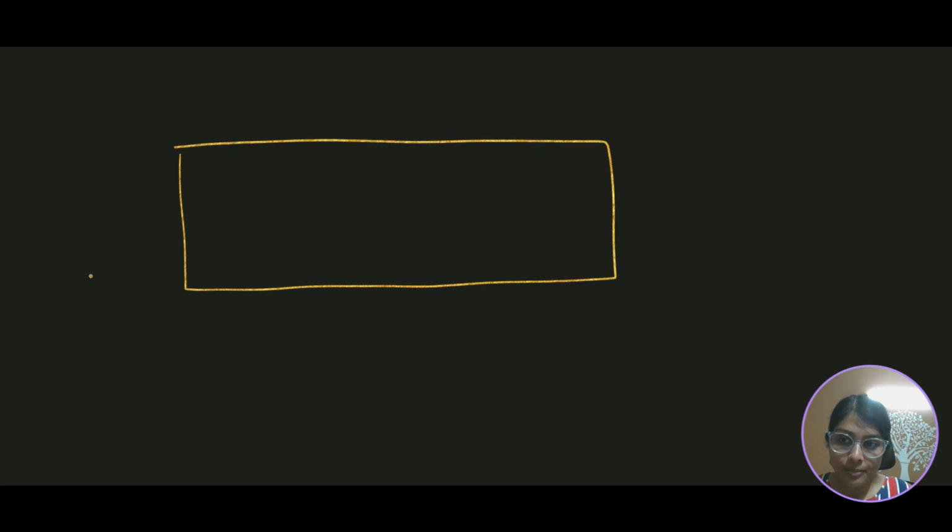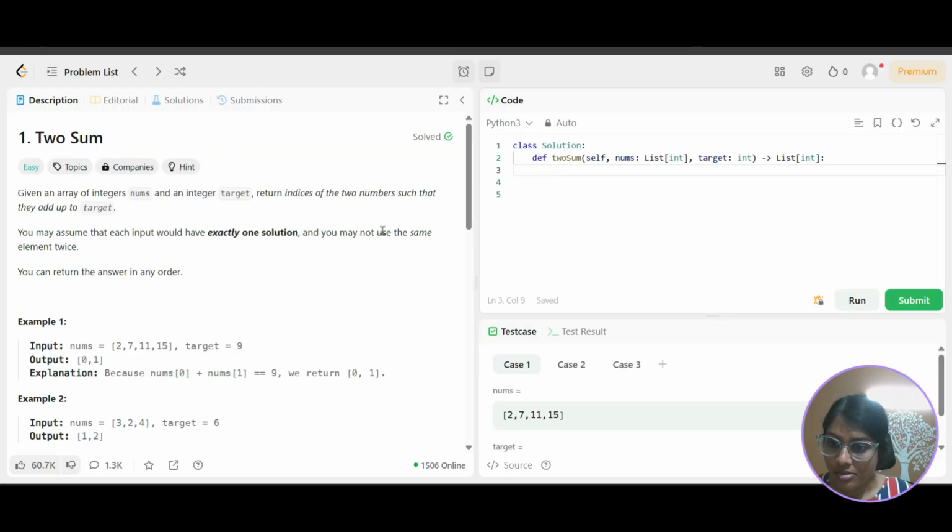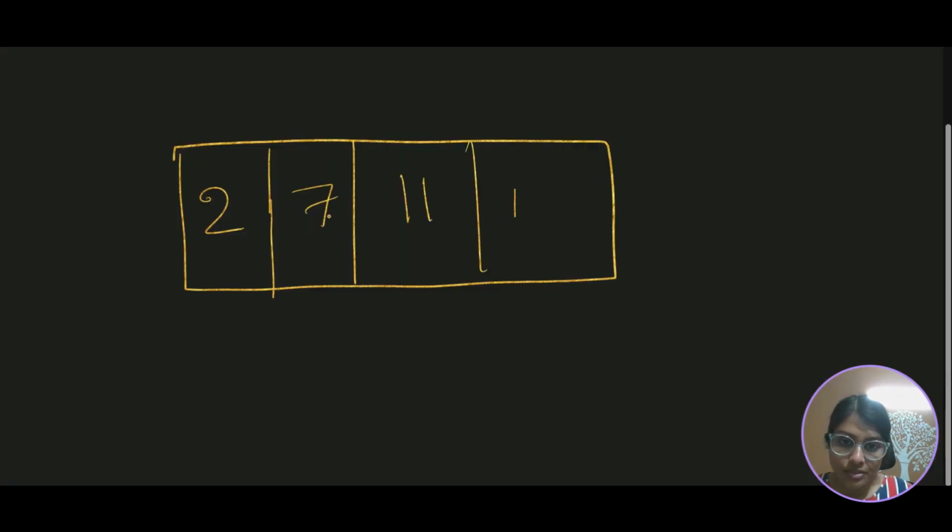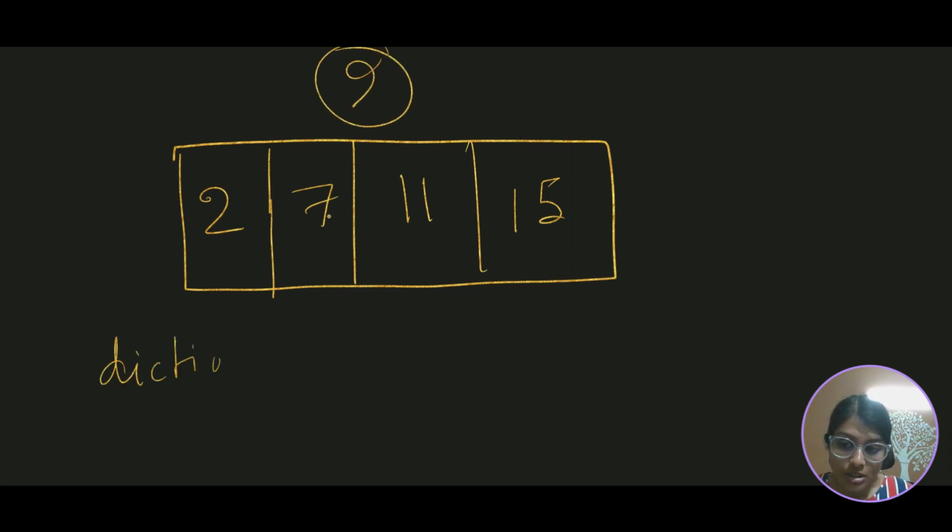What I can do further is, let's say the way I'm thinking about this, we have an array: we have 2, 7, 11 and 15, and target is 9. If that is the case, then first I will take a dictionary, or hash map basically.